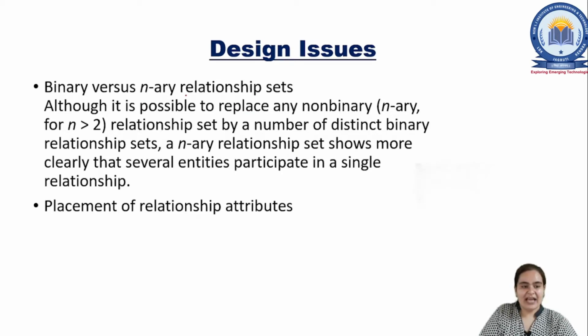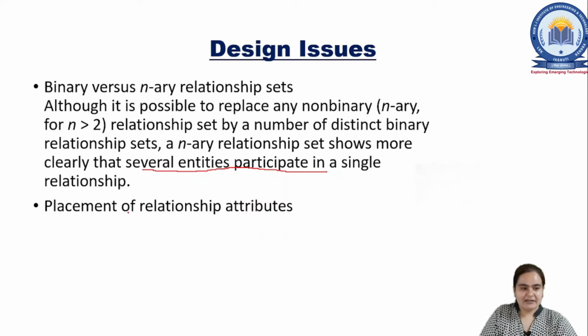Secondly, we have binary versus n-ary relationships. As we have seen in the previous discussion, more than two entities can participate in a relationship. That will be complex, but while modeling an ER diagram, we can make more than one entity set participate in a single relationship, which shows more clarity over the relationship among the entity sets, but that is difficult to model in terms of database.